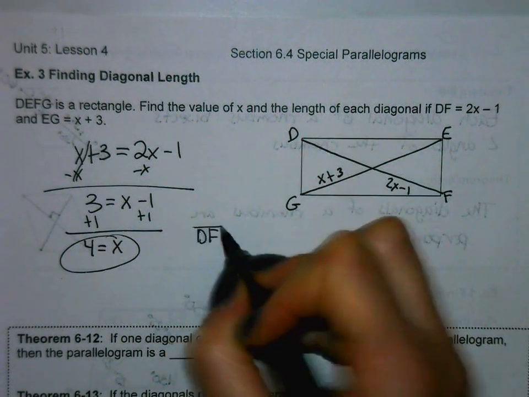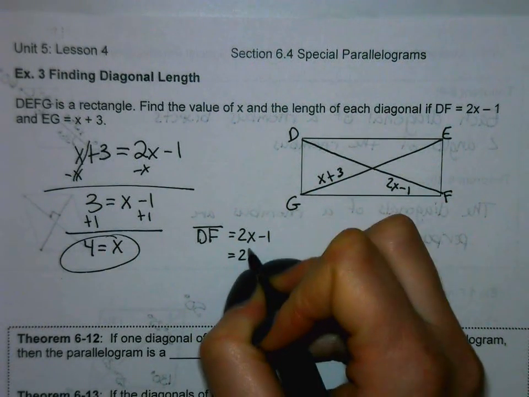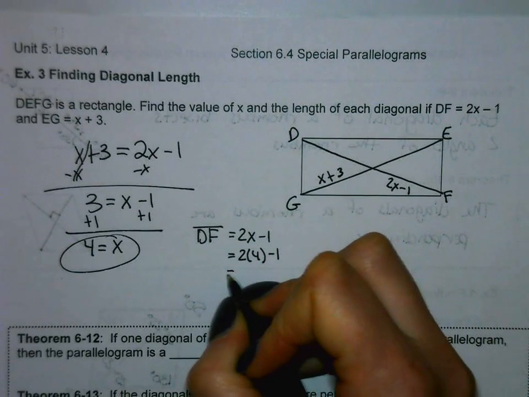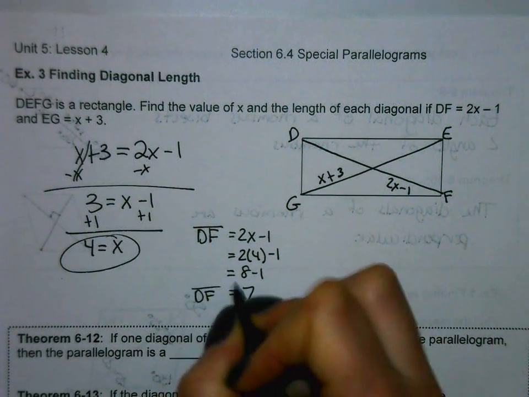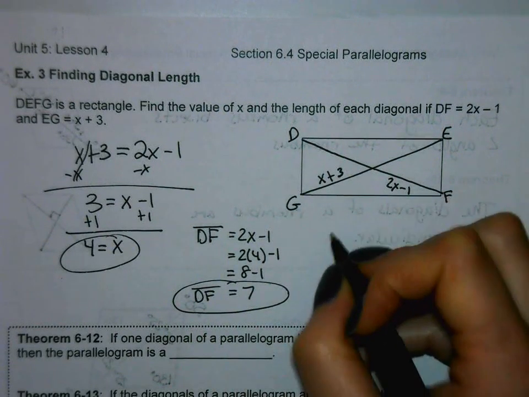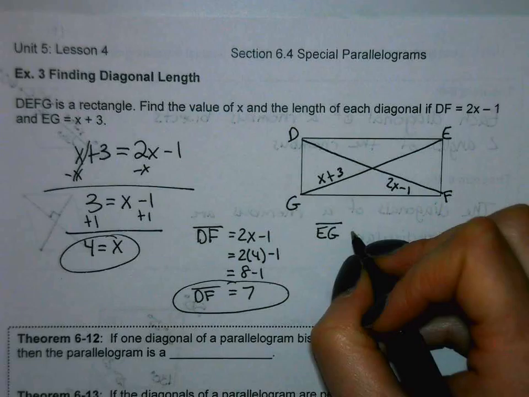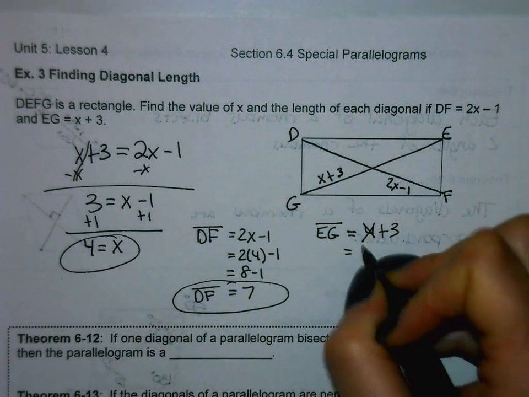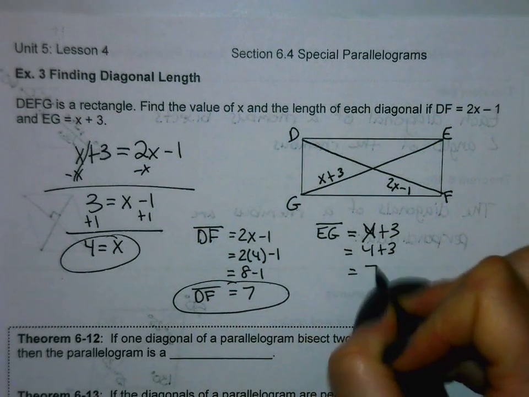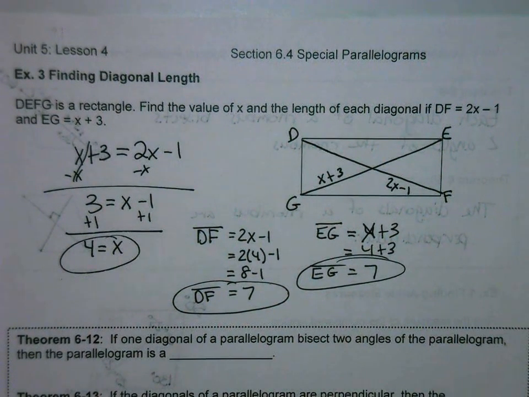The length of DF is 2x minus 1, and we just found out that x equals 4, so 2 times 4 is 8, and 8 minus 1 is 7. So the length of DF is 7. That means the length of our diagonal EG should also equal 7. If we plug in our 4 just to make sure we did it correctly, EG does, in fact, equal 7.